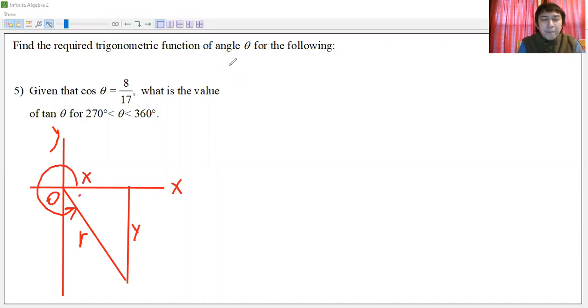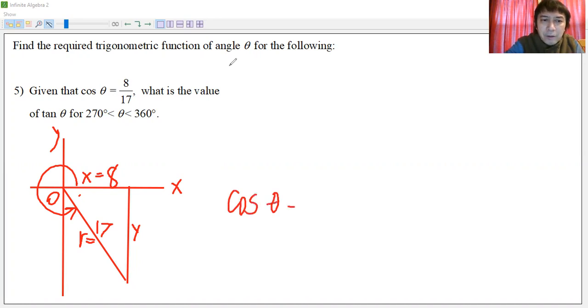All right, now our given data is cosine, and it's positive in the 4th quadrant, and this will involve 8/17 there, and those are the sides involved. So that is what we have. The cosine is the equivalent of x/r, okay?